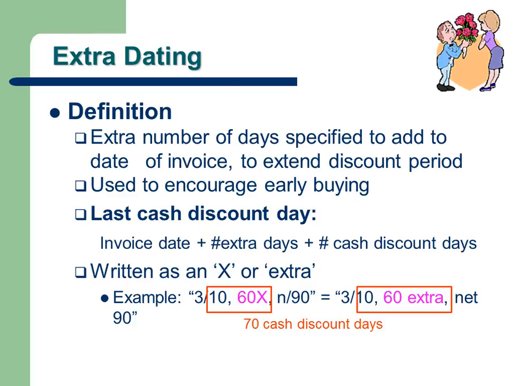So now remember that the number of cash discount days is now calculated by adding both the regular number of cash discount days, which in this case was 10, plus the number of extra days, which was 60 in this example, all together. So overall, there are going to be 70 days for cash discount. Okay, so if the buyer pays within 70 days from the invoice date, the buyer is going to get the cash discount.